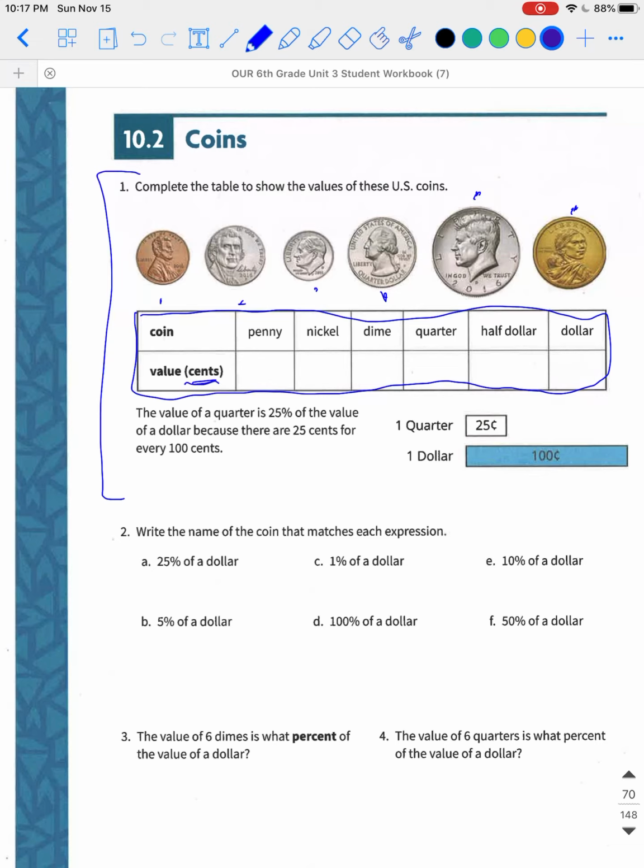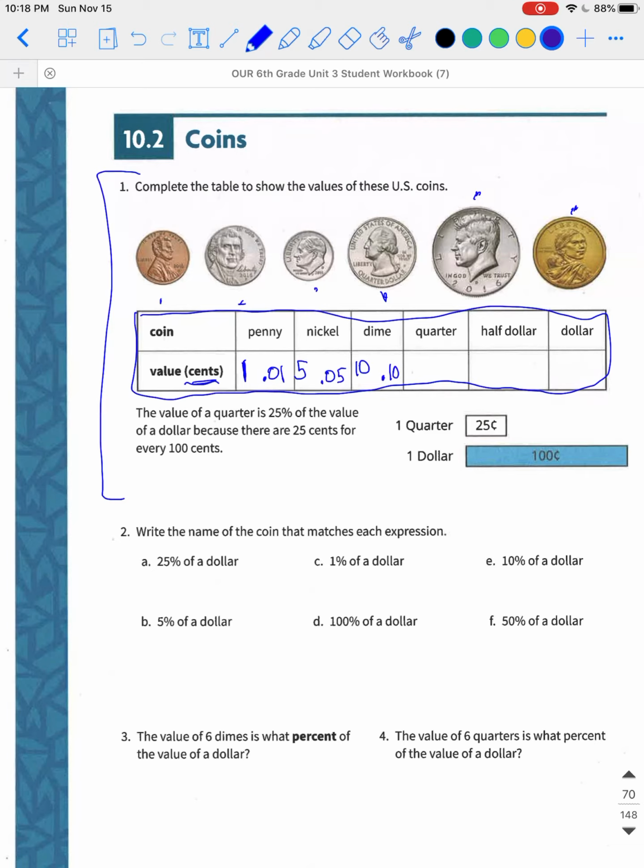So, how much is the value in cents of 1 penny? Well, 1 penny is 1 cent. You could also write that as 0.01. A nickel is 5 cents or 0.05. A dime is 10 cents or 0.10.